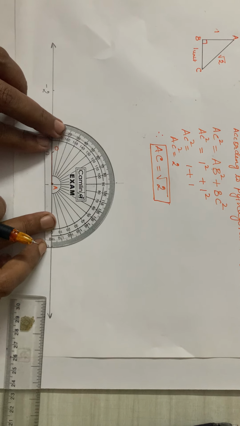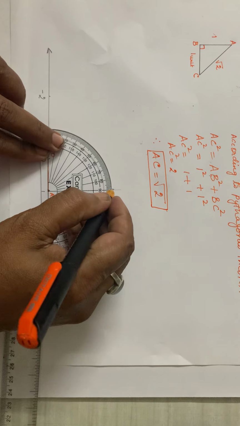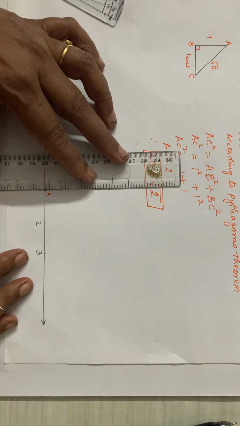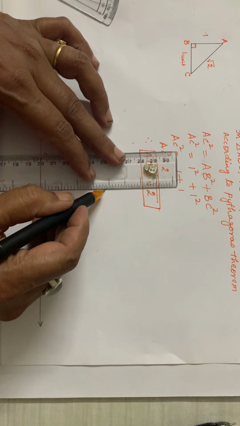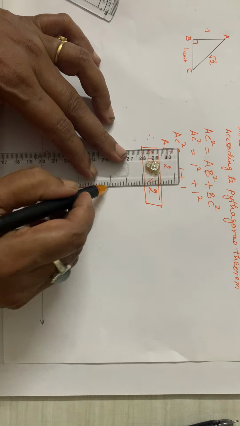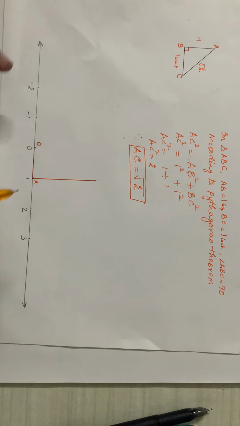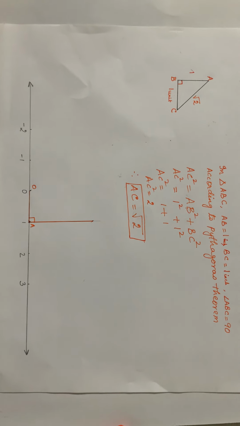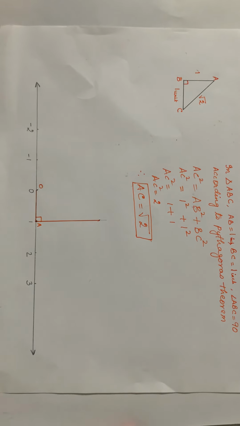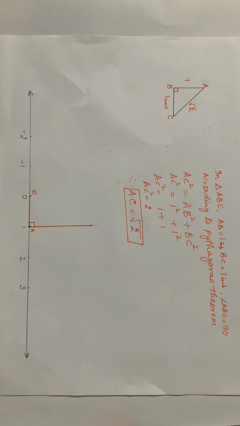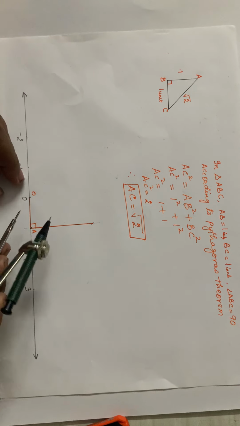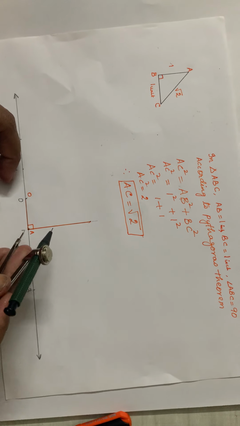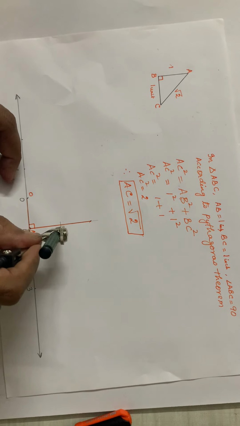So I will keep my protractor at A, mark a 90-degree angle, and then I will draw the perpendicular from A. After drawing the perpendicular from A, I will take 1 unit length. That is, I have taken 1 unit length. That is 1 inch again here. And from A, I will mark 1 unit length.